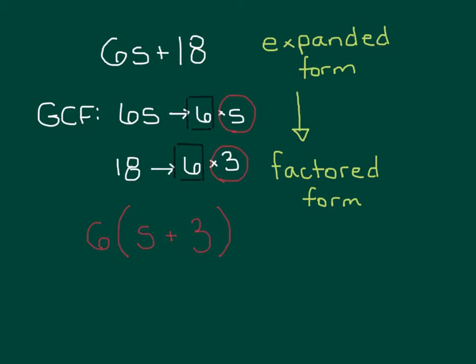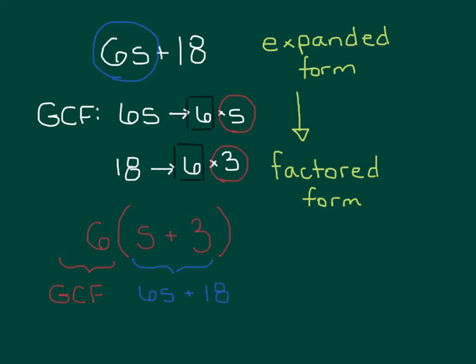So again, the 6 right here is my GCF, so this was where my GCF came from, and then all of this other stuff is what was left to multiply to get my original terms. So 6 times s gives me my 6s, and my 6 times 3 would give me my 18.